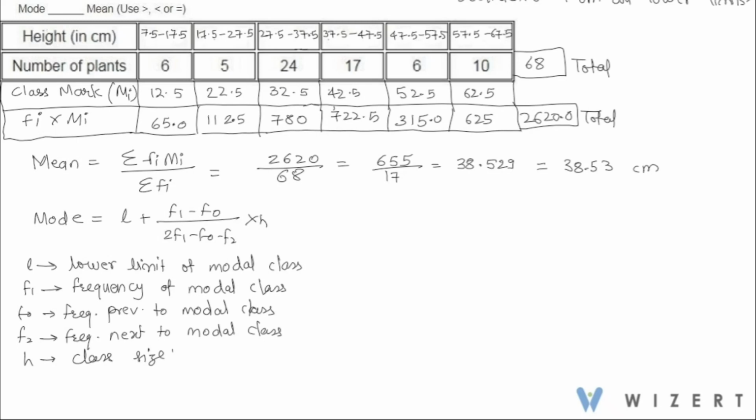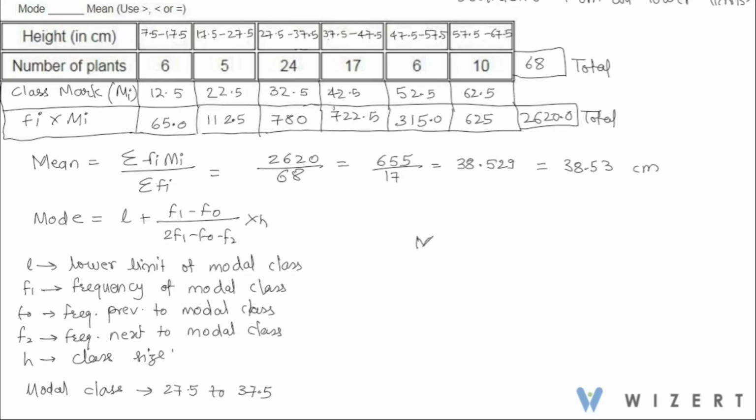The modal class is the class which has the highest frequency. So in this case, the modal class is 27.5 to 37.5. So L is 27.5.